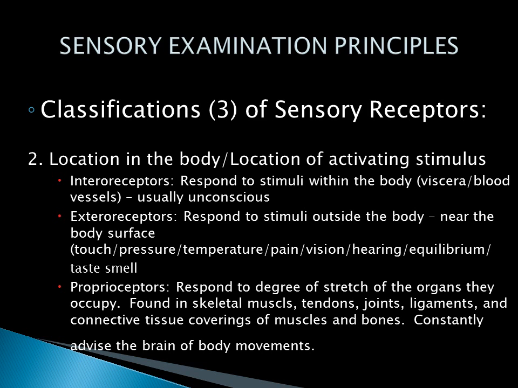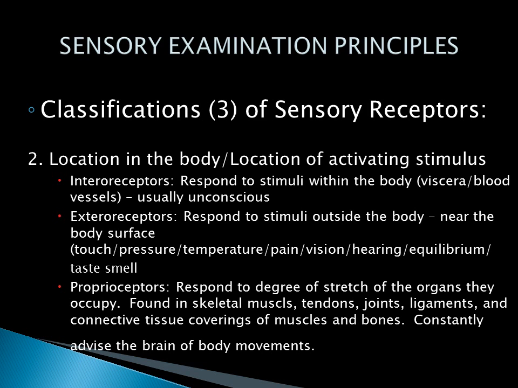And so, what kind of organs, where do we find proprioceptors? What kind of organs do they occupy? Well, proprioceptors are found in skeletal muscles, and they respond to the degree of stretch of skeletal muscles.